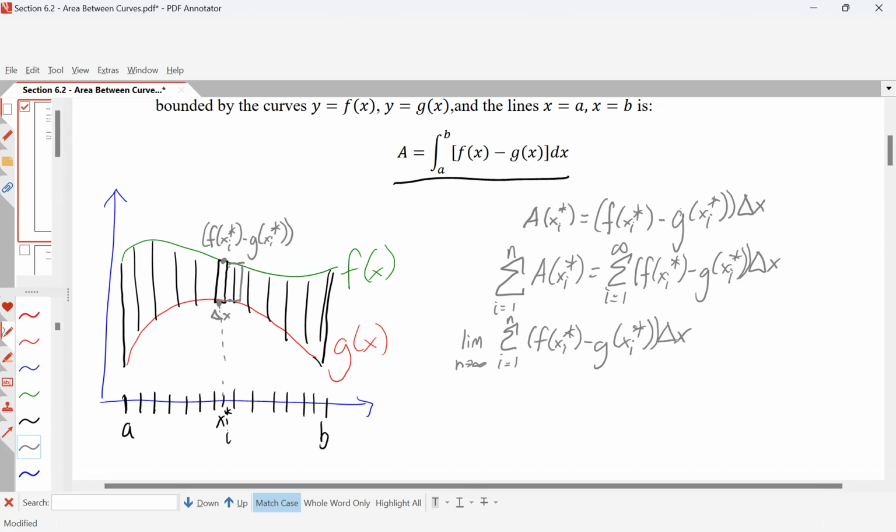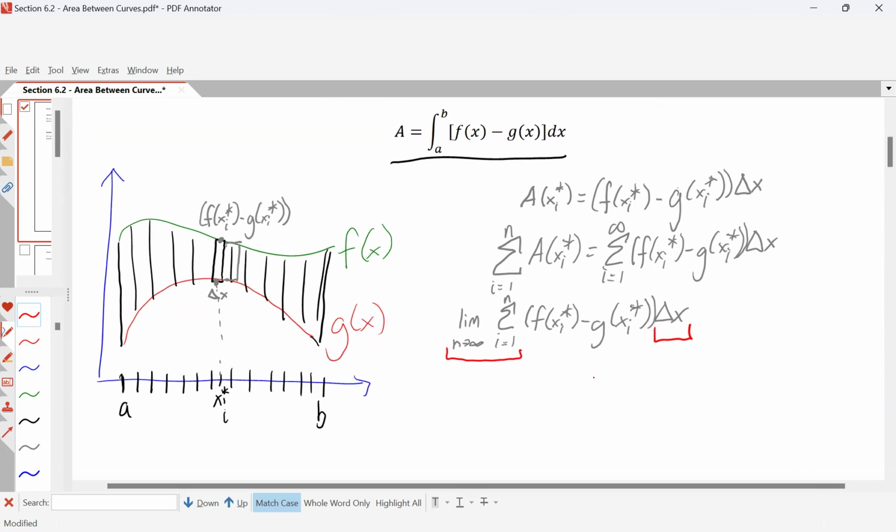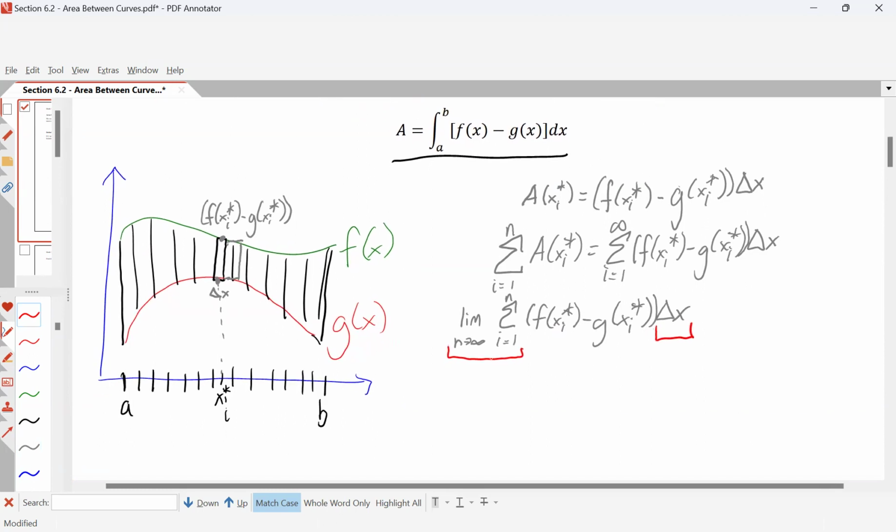You may recognize from earlier that this setup is the formal definition of the integral. So as we take the limit of the sum, we get the integral from a to b of f of x minus g of x, and the delta x becomes our dx.